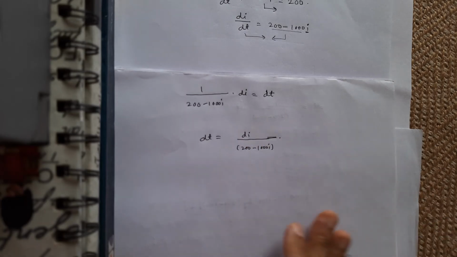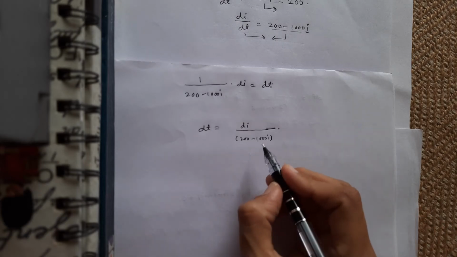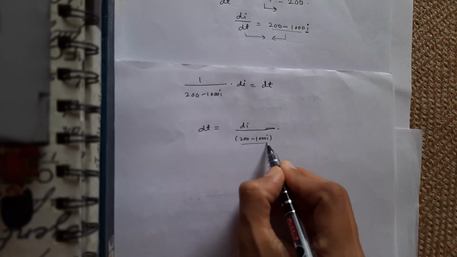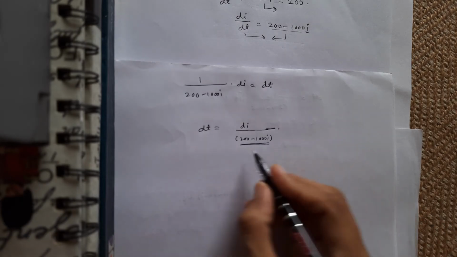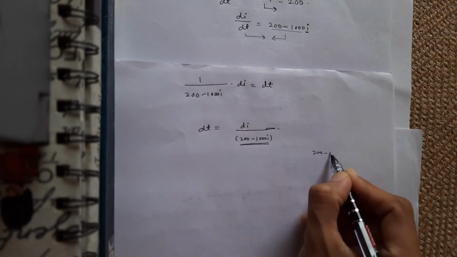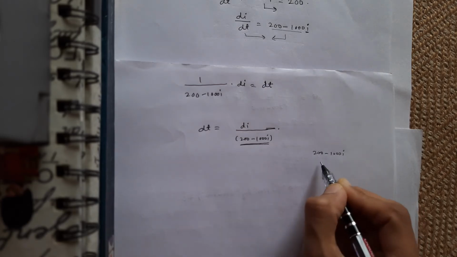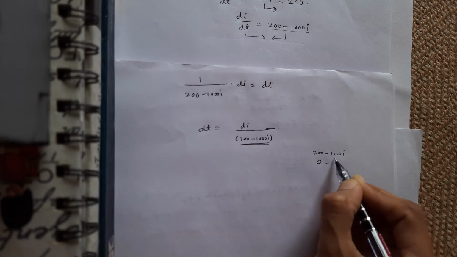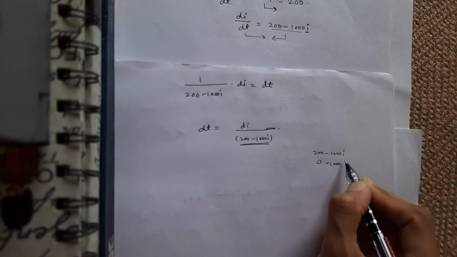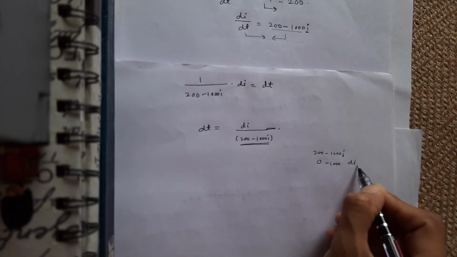Right, now I'll just integrate both sides. What will be the derivative of this term, 200 minus 1000 I? The derivative will be 0 minus 1000, right? And the derivative of I will be di.